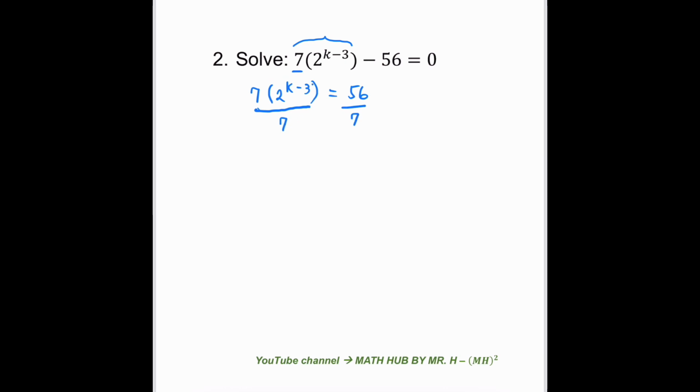Basically, on the left-hand side, we're going to have 2 to the power of k minus 3. 56 divided by 7 is 8. From this line, you can see that 8 can be rewritten as 2 to the power of 3. And the left-hand side already has a base of 2, so we can just retain that.